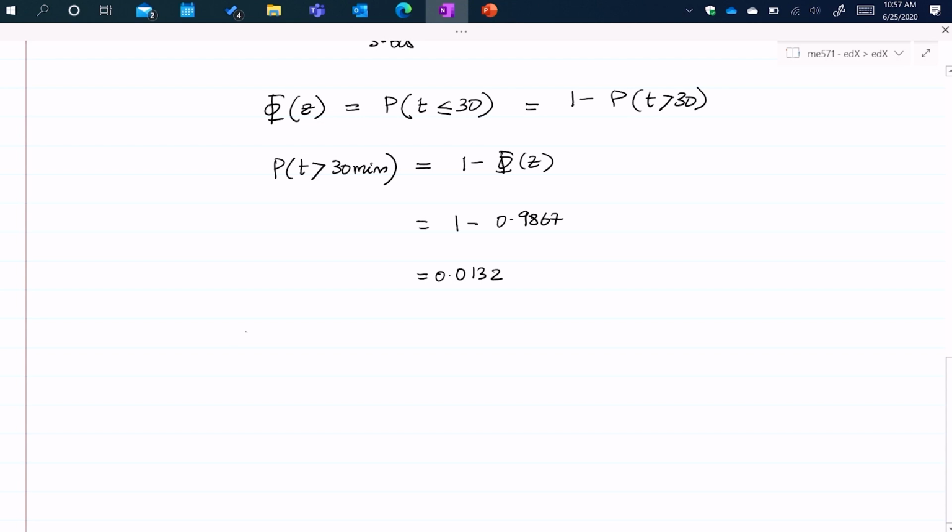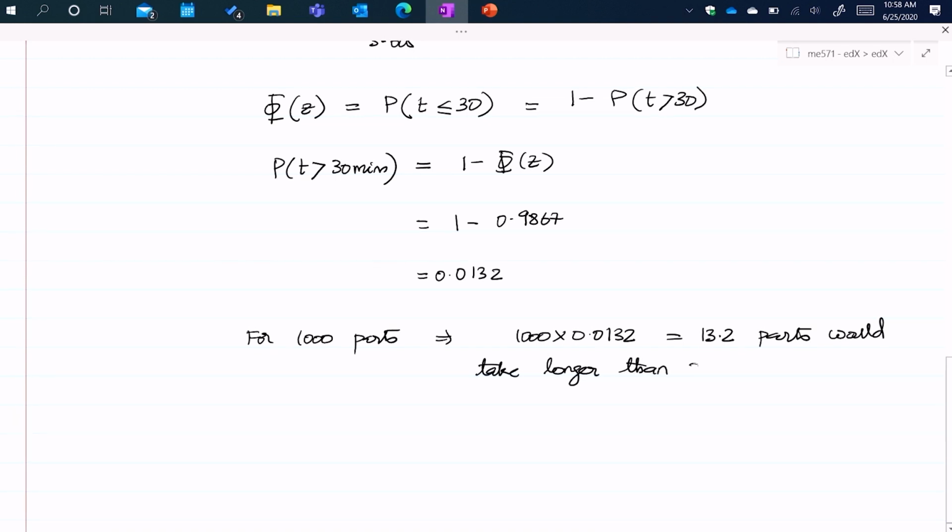Therefore, for 1,000 parts, what you would get would be 1,000 times 0.0132, which is equal to 13.2 parts that would take longer than 30 minutes total. Okay, with that, we are done with the examples of normal distribution. With that, we are done with this module 4.2, examples of normal distribution.